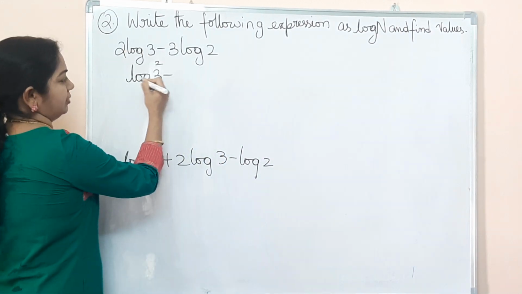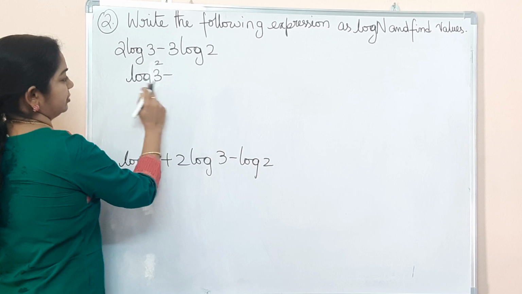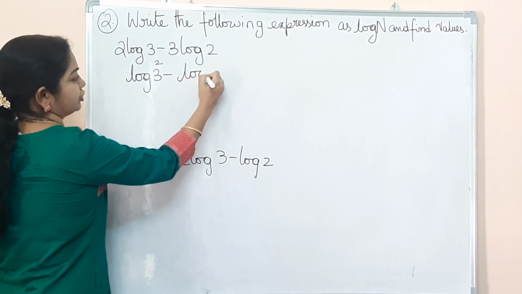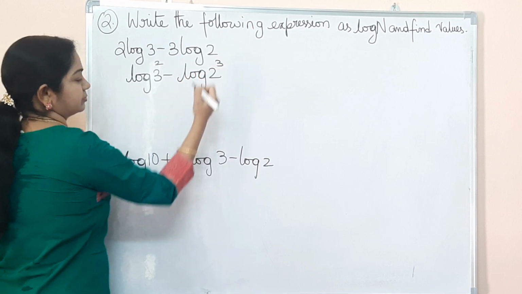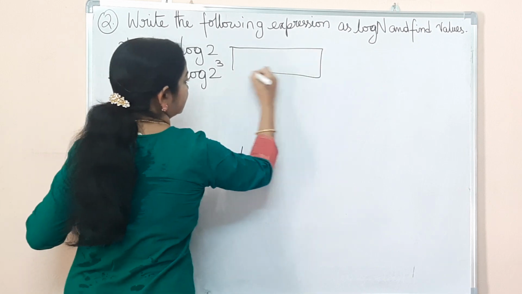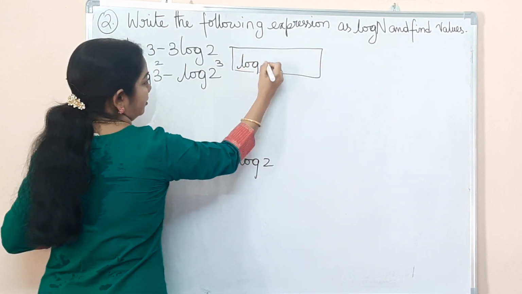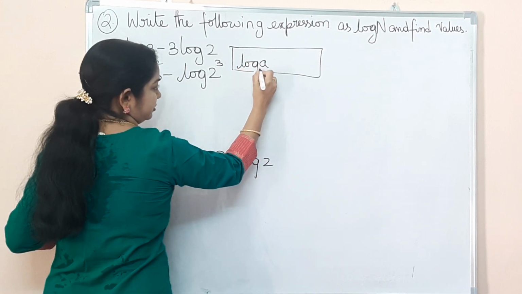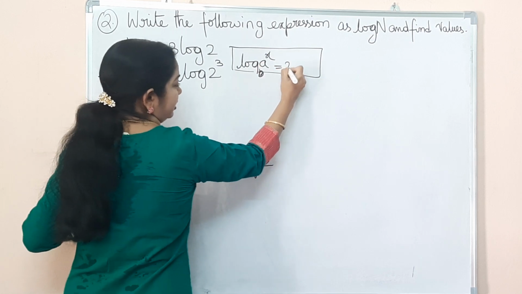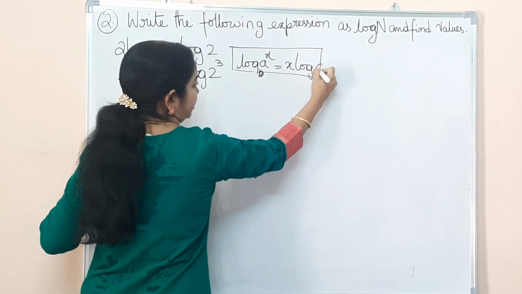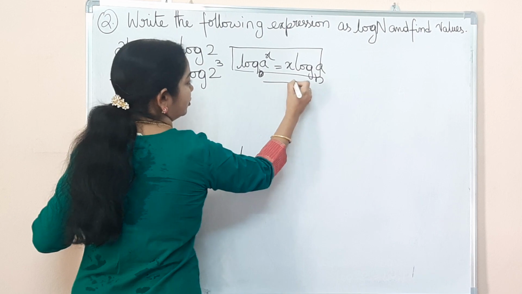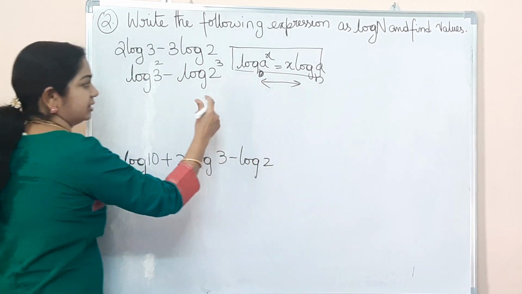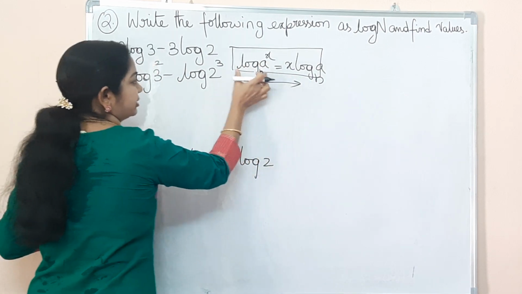Here, this power comes here: log 3 square and log 2 cube. I have applied the same thing. The formula log a to the power of x, if you take it, is x log a. Okay, so here both ways we can use it. So this is in this form, I have written in this form.